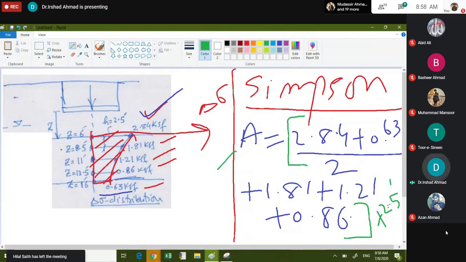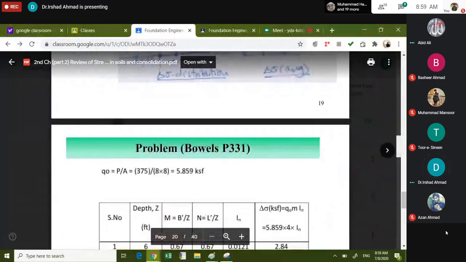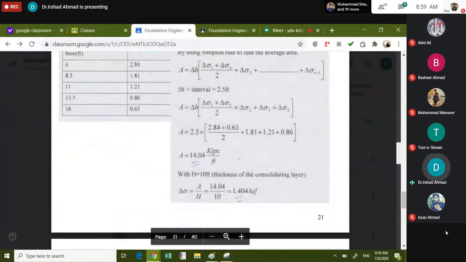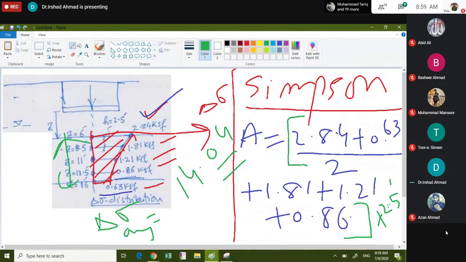So area is 14.04. Now delta sigma average would be equal to area over depth h. So that is 1.404 KSF.